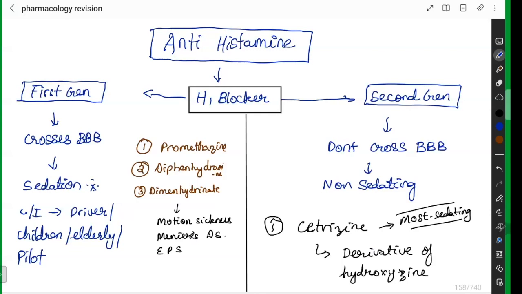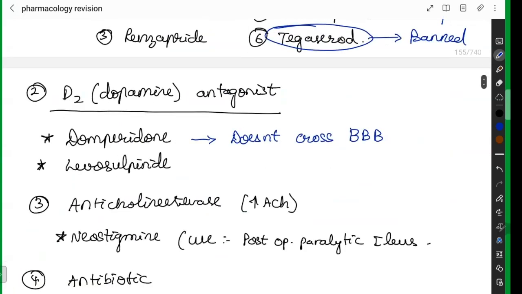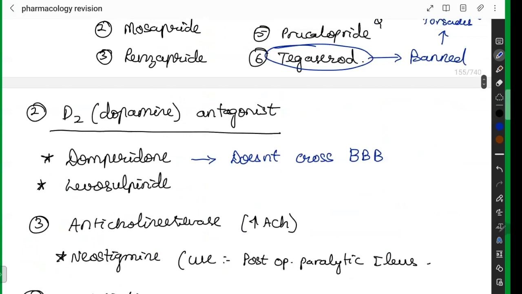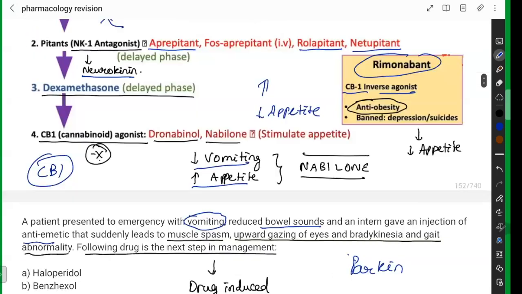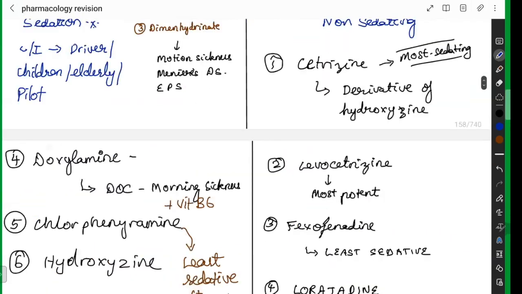Serotonin 2A is used for antipsychotics like clozapine and olanzapine, and obesity drugs. Serotonin 3 receptor is used for nausea and vomiting in chemotherapy. And finally, serotonin 4 receptors are used for prokinetic movements. Hope I have cleared all your serotonin drugs.